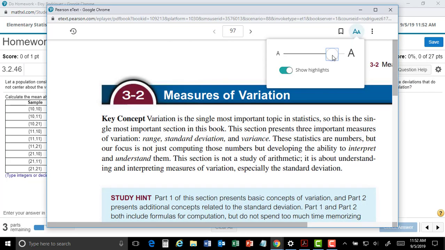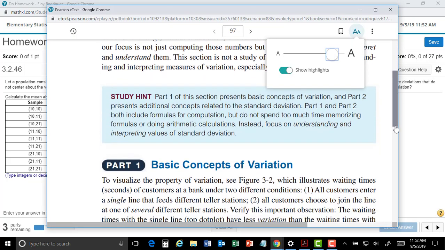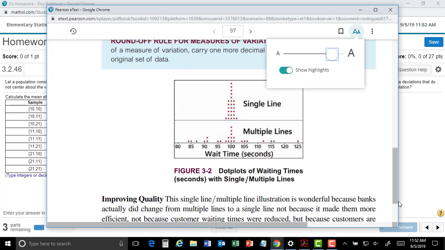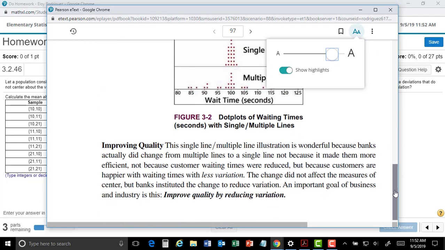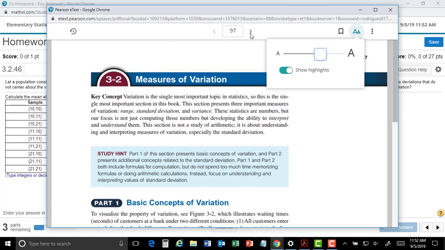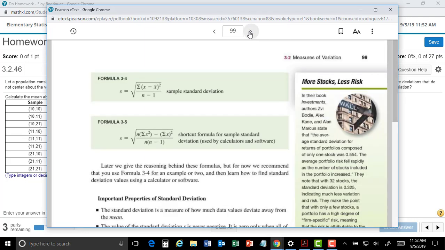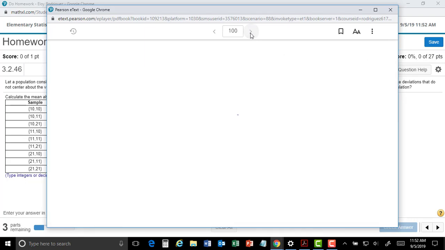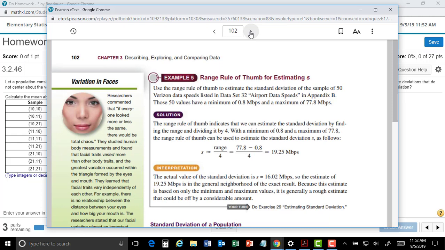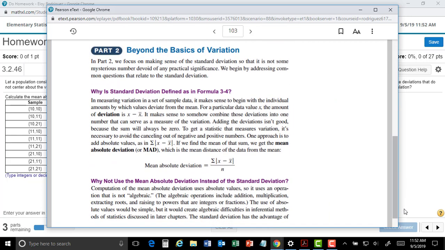So they want the last thing that I covered. Okay, there's the mean absolute deviation.